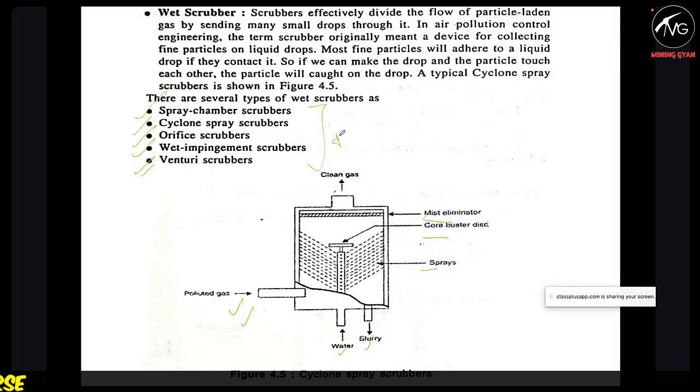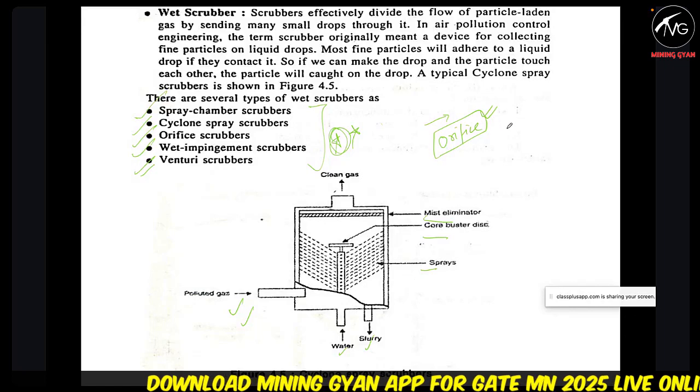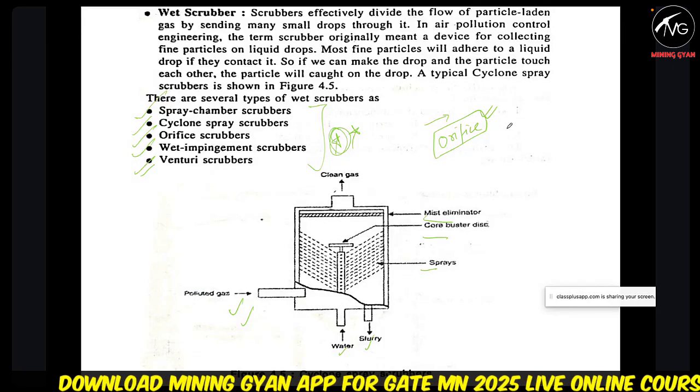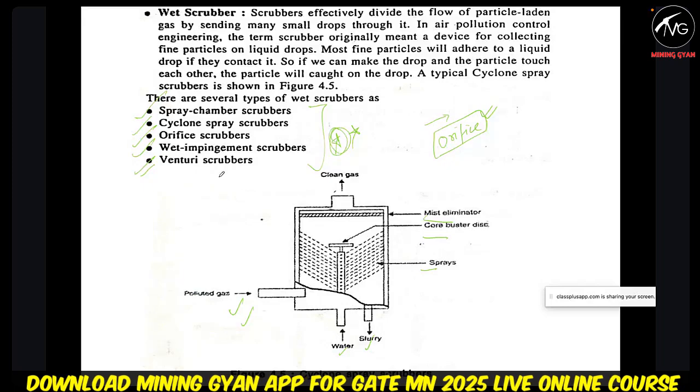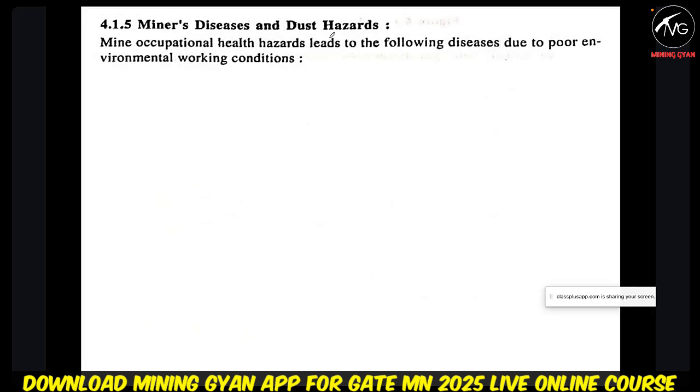If you want to remember these names, you can. They can ask what an orifice is, or which type of air purifier the orifice is. So if you remember venturi scrubber, orifice scrubber, wet impingement scrubber, cyclonic spray chambers, that will be good for you.